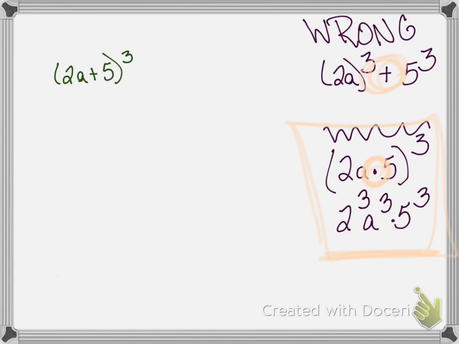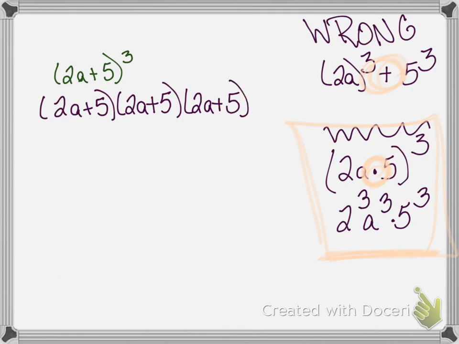What this means, 2a plus 5 in parentheses cubed, what that means is 2a plus 5 times 2a plus 5 times 2a plus 5. So I've got to use the distributive property on this multiple times.